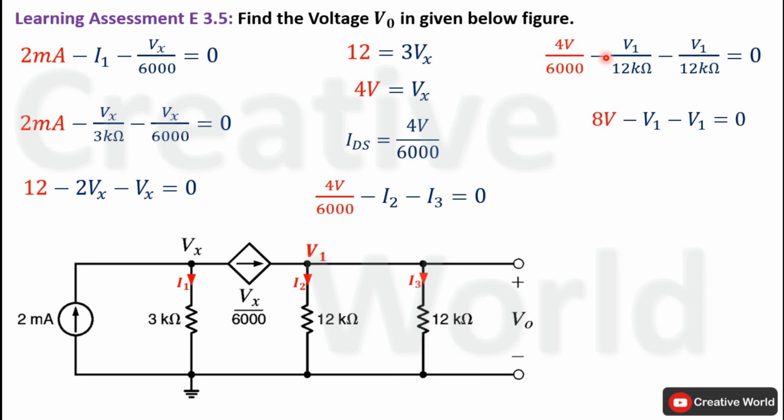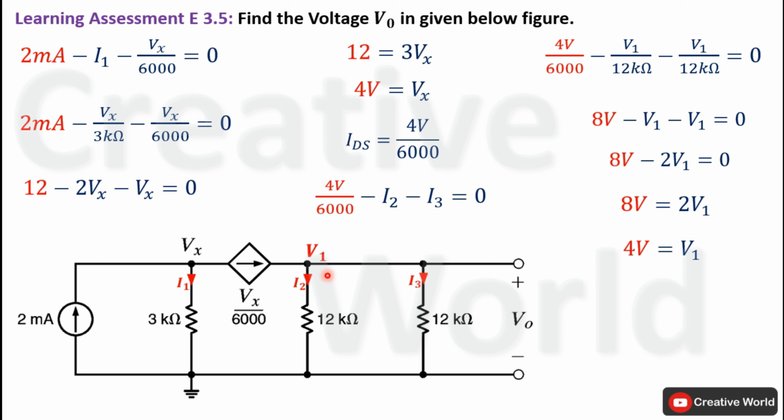Similarly, 12k will cancel out with 12k in denominator, and same case will be here. Only V1 will be left. Now this minus V1 and this minus V1 will become minus 2V1, and place this minus 2V1 on the other hand side of equal to calculate its value. Divide on both sides with 2 to calculate the value of V1, that will become 4 volt.